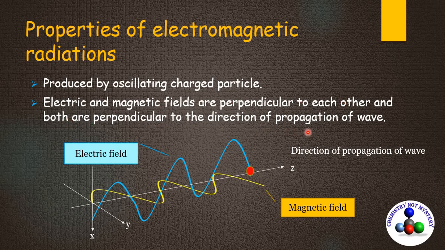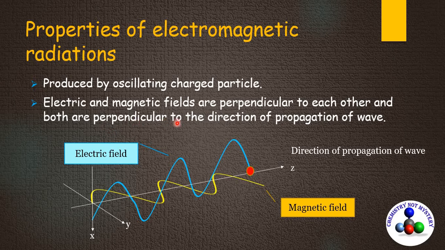As you can see here, the electric field is present in x-axis and magnetic field is in y-axis. That's how it forms an electromagnetic wave. And the electromagnetic wave will propagate in z-axis. Thus, both the fields and the direction of propagation all are perpendicular to each other.